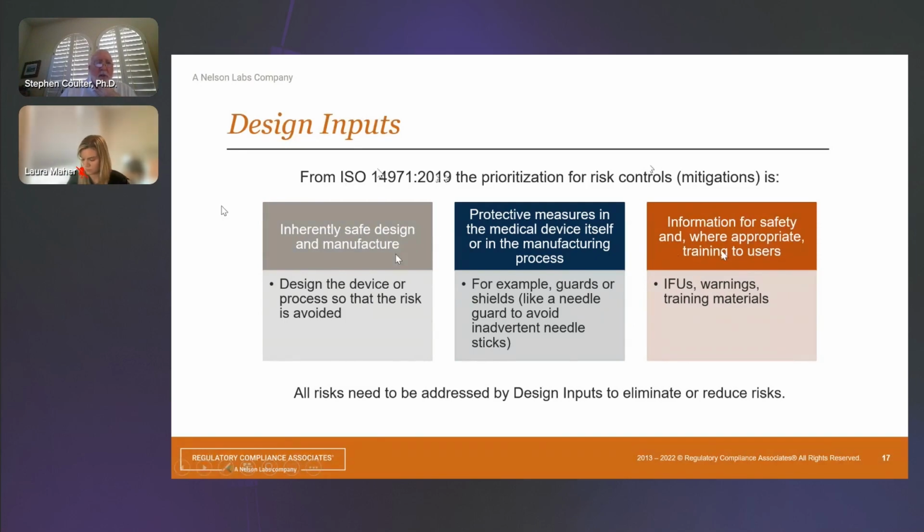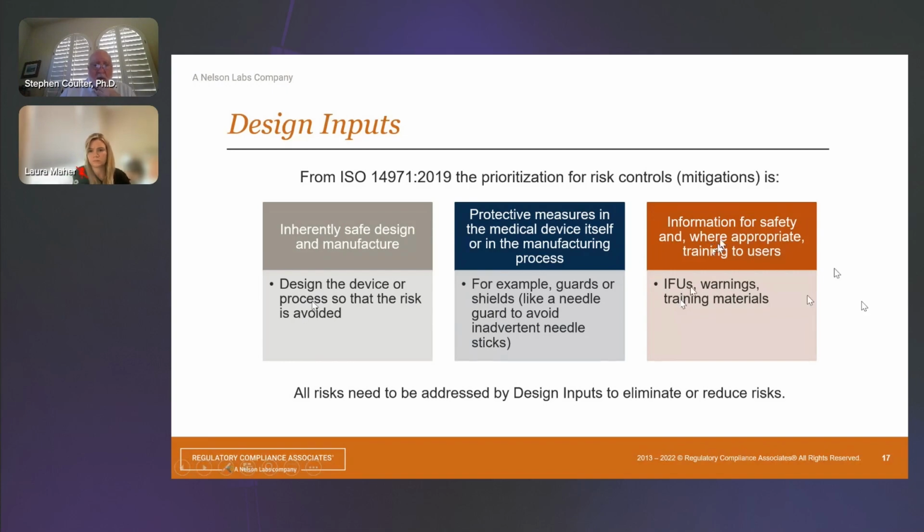You have to start by trying to have an inherently safe design. If that doesn't work, or if it works partially, then what protective measures can you build around it? Then any residual risks that are left over, that's where I come in with labeling. And I put in its warnings, its safety alerts, its instructions for use, its training materials.